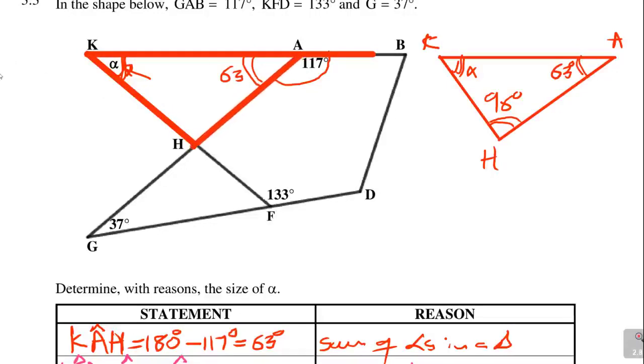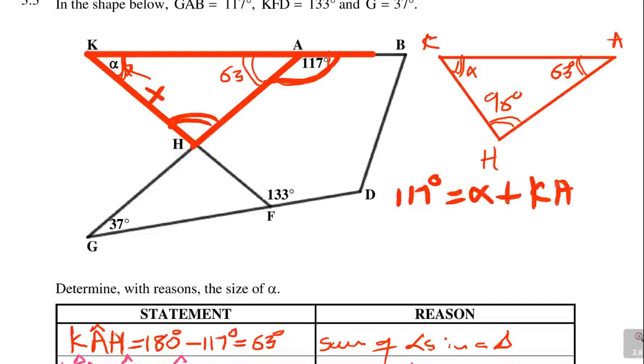If you add them, you get 117. Remember, exterior angle is equal to the sum of opposite interior angles. So in a way, you could have said 117 degrees is equal to alpha plus angle KHA.